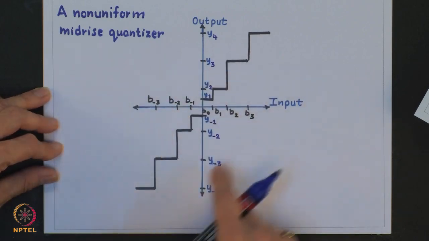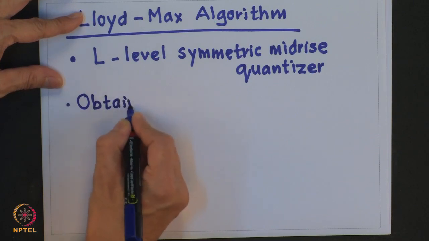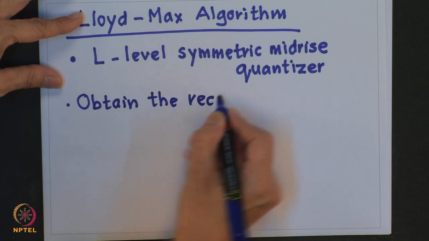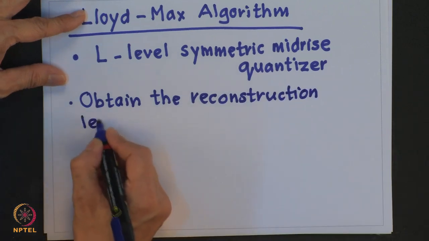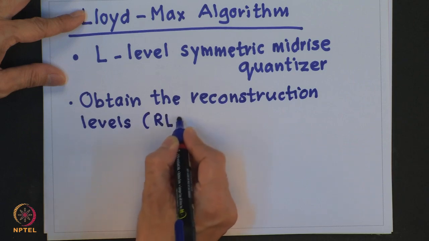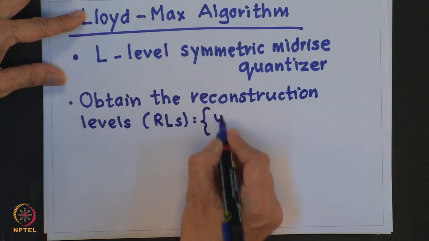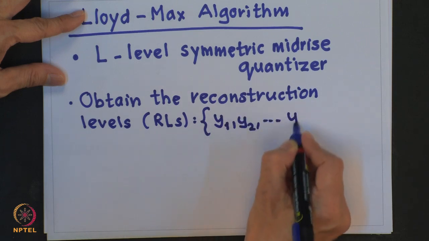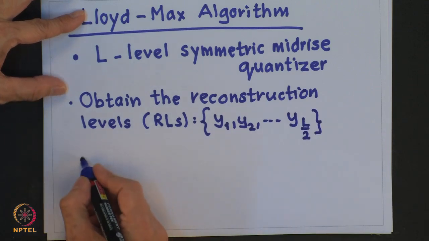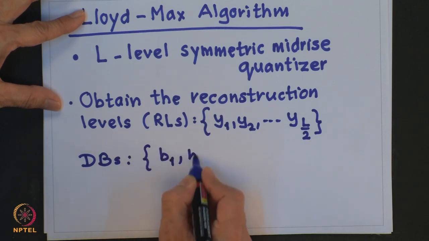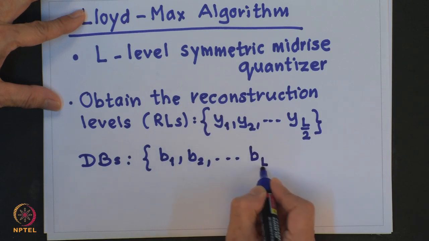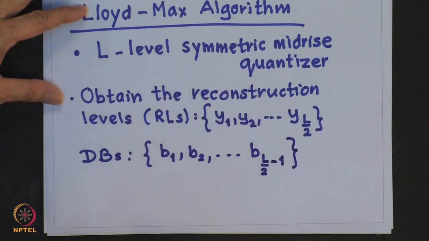So, using this notation, our problem is to obtain the reconstruction levels, that is your RLs y1, y2 up to yL by 2 and decision boundaries b1, b2 up to bL by 2 minus 1, correct.